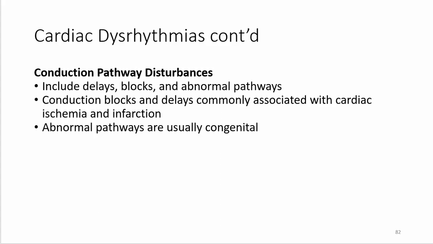You don't tend to develop abnormal pathways in an adult heart that was previously normal, but you do develop delays and blocks, and that comes from ischemia and or infarctions. Some of the stuff that we talked about in the previous video can lead to these blocks and prevent recovery to normalcy at post-infarct.